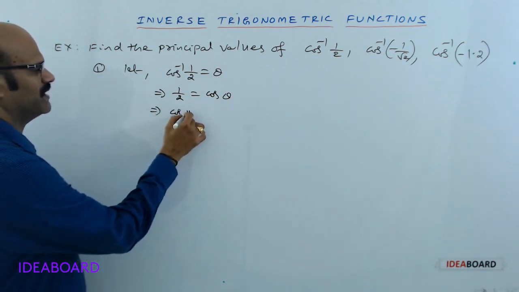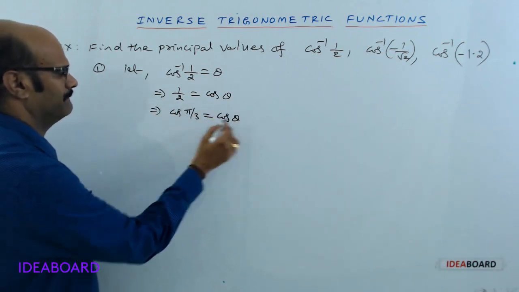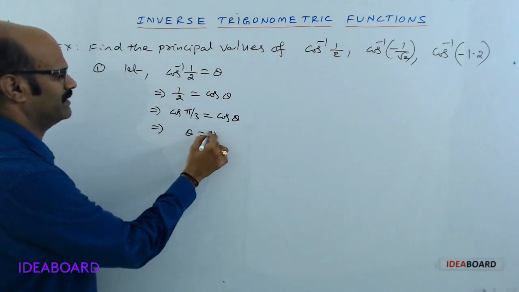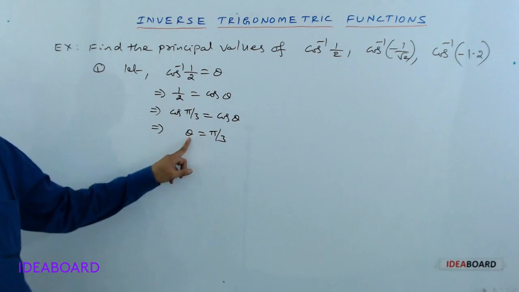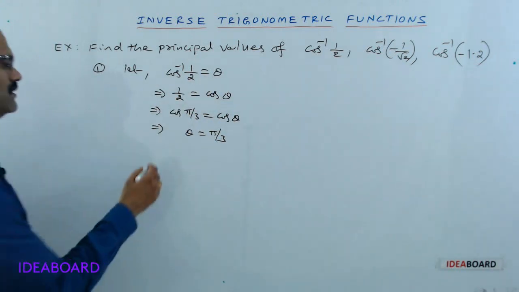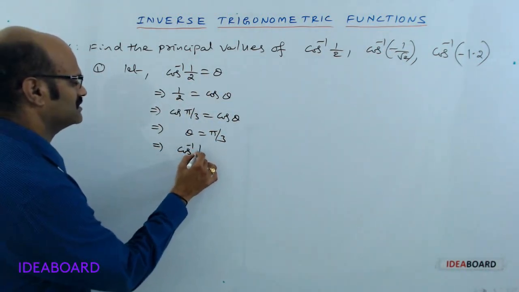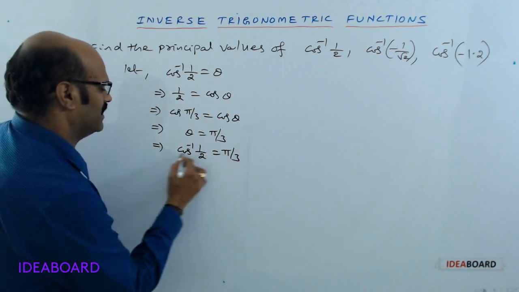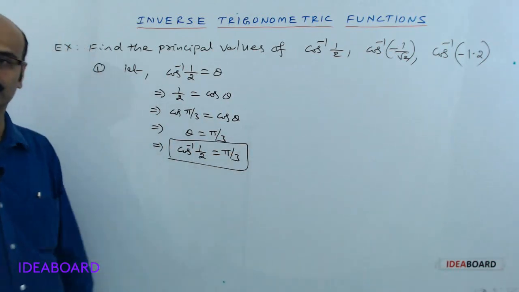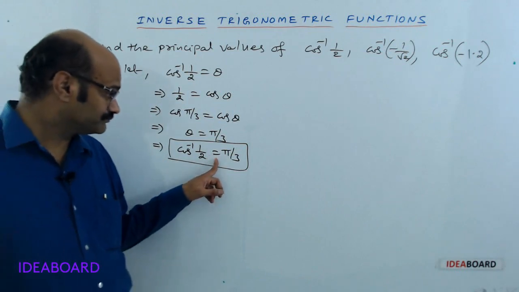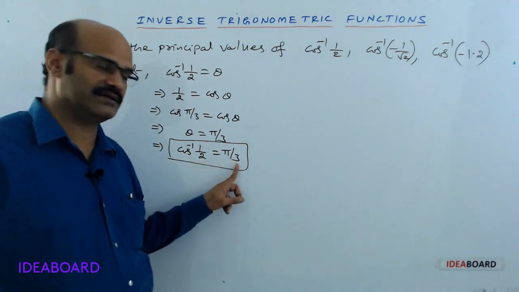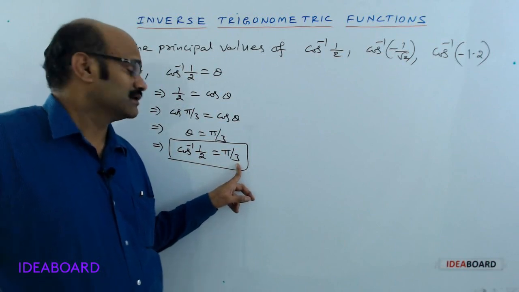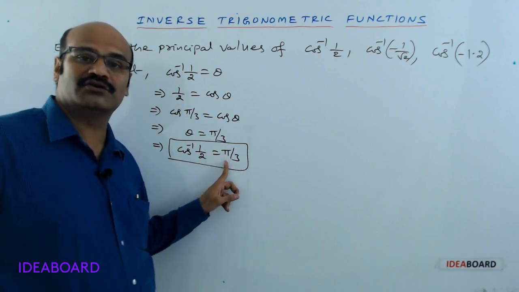It's equal to cos pi by 3 equal to cos theta. It implies theta equals pi by 3. Therefore, the principal value of cos inverse of 1 by 2 equals pi by 3. We know that the principal value lies between 0 to pi.